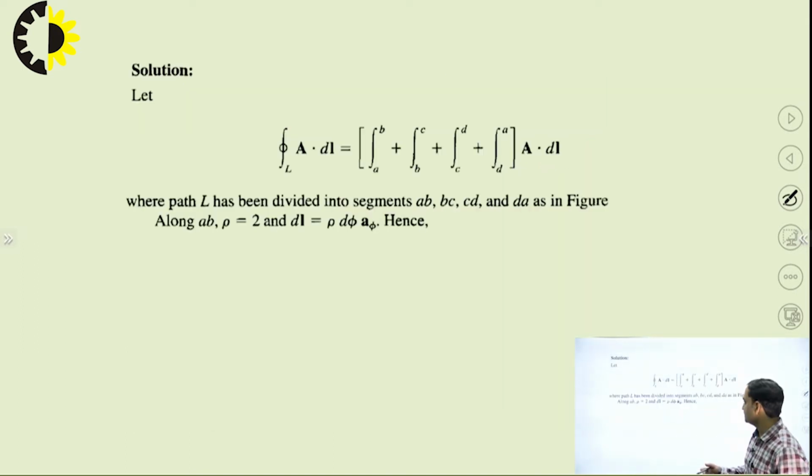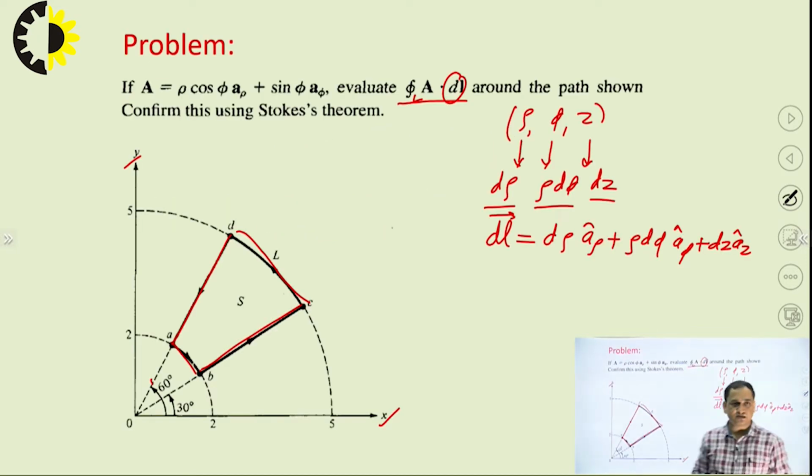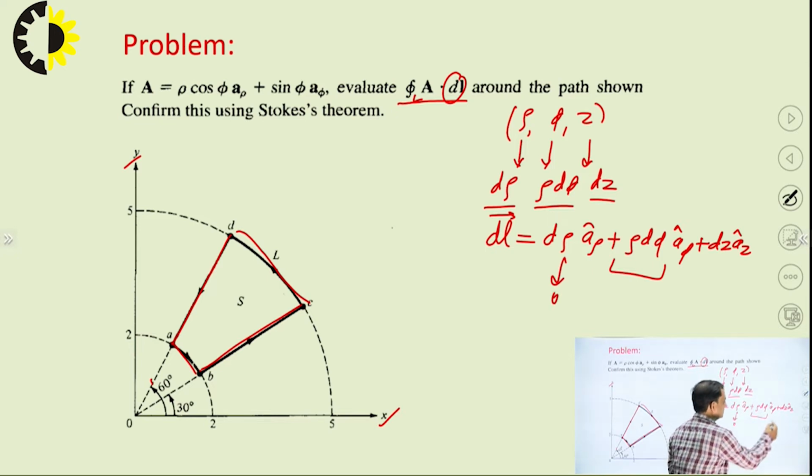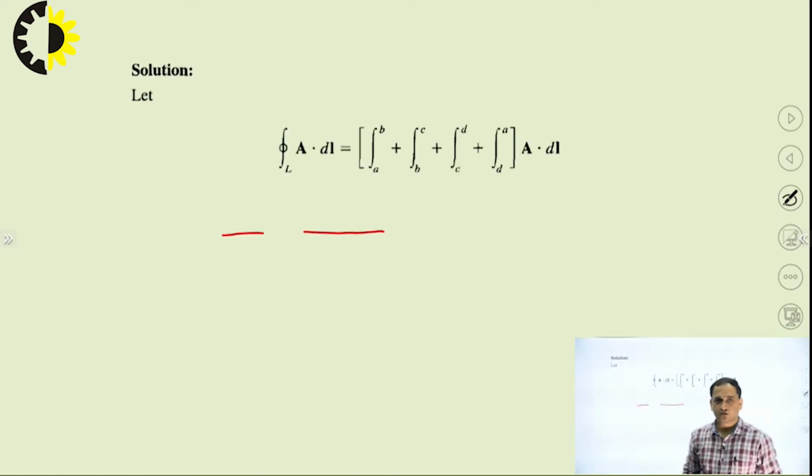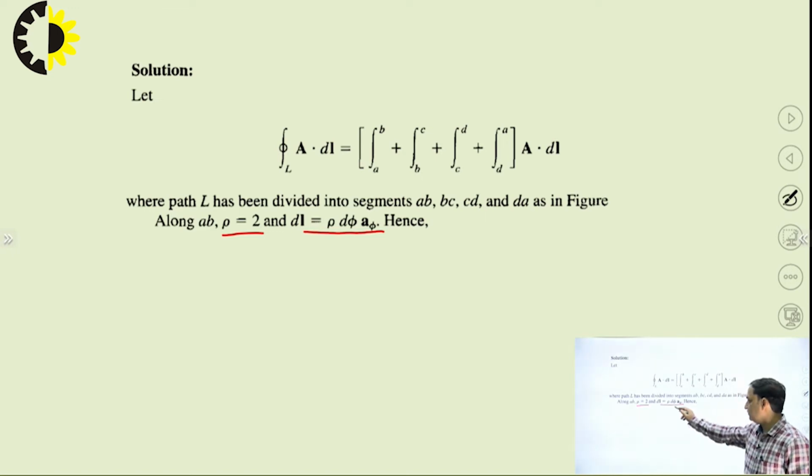So in this first case, we can see the rho value is 2, which is constant, and dl is ρ dφ aφ. Because dρ and dz will become 0, what will the value of dl be? dl will be ρ dφ aφ.